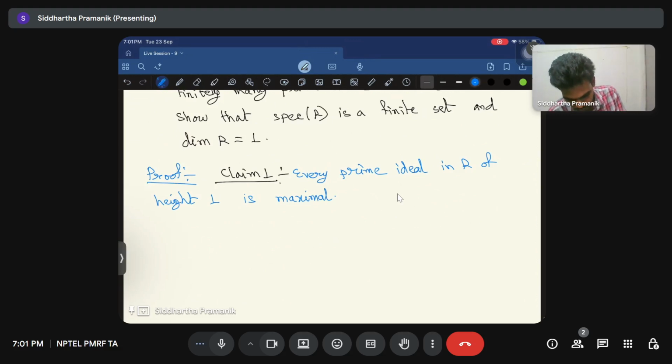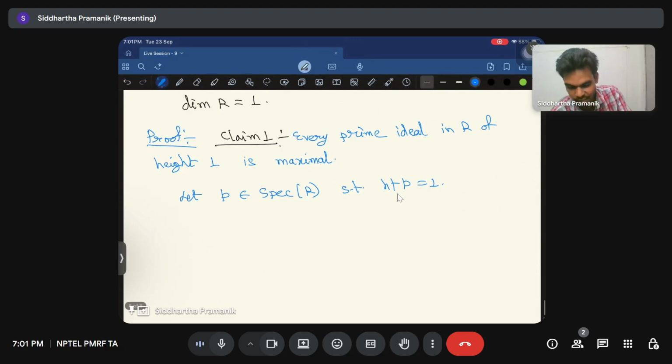So let P belong to Spec R such that height of P is 1. So we have to prove that P is maximal. So for contradiction, assume that P is not maximal.